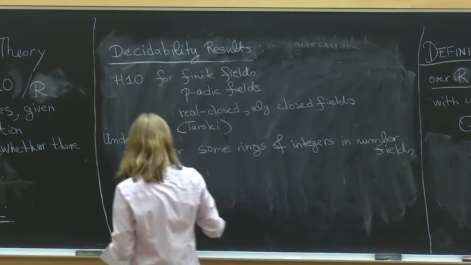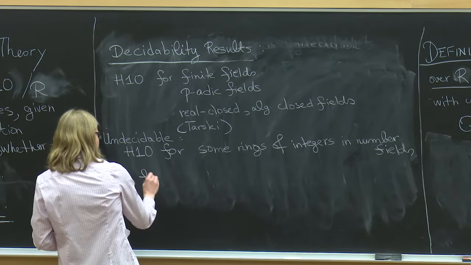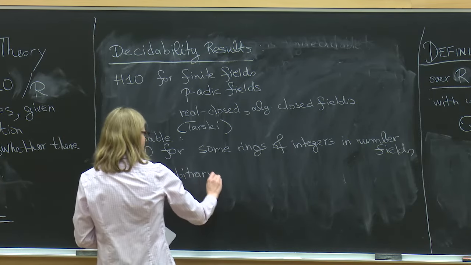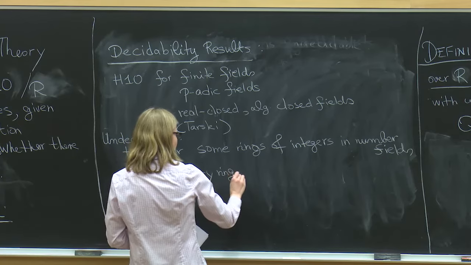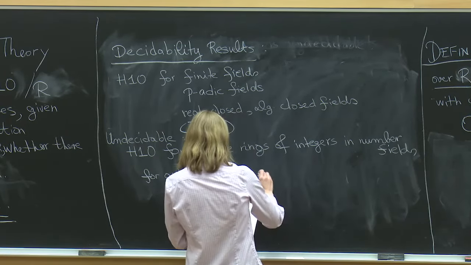And you can also show, and that was done very recently by Mazur and Rubin, that it's undecidable for arbitrary rings of integers, so no restrictions. These usually need elliptic curves with some properties.